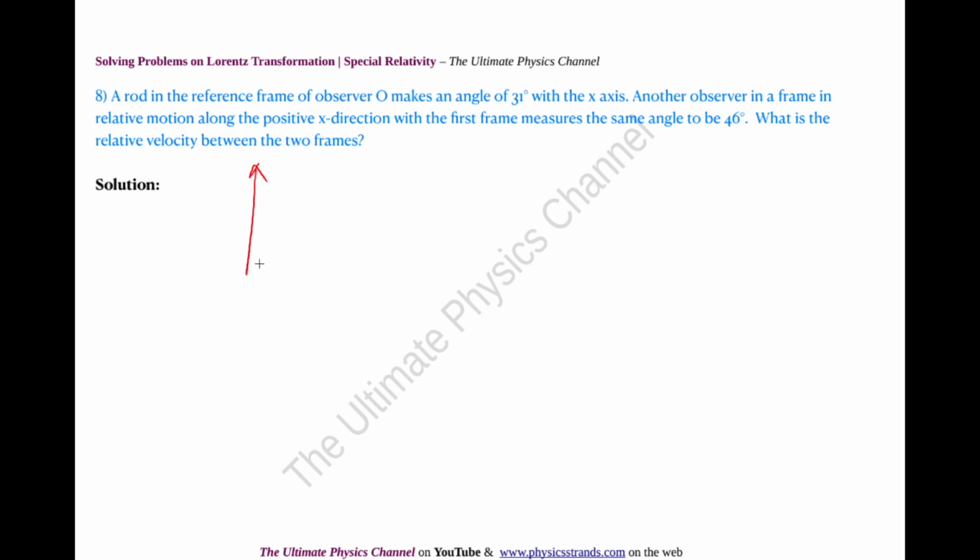Because here you have a frame of reference where observer O is there, let me call he is at the origin, and let me call that frame the S frame of reference.